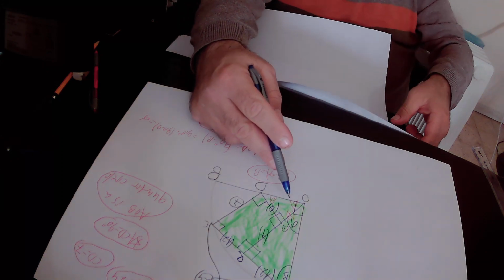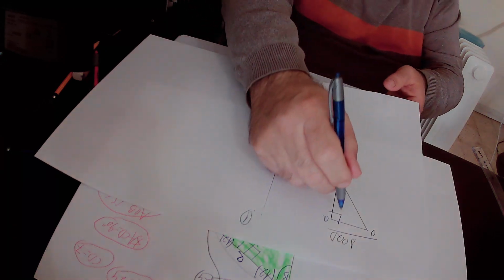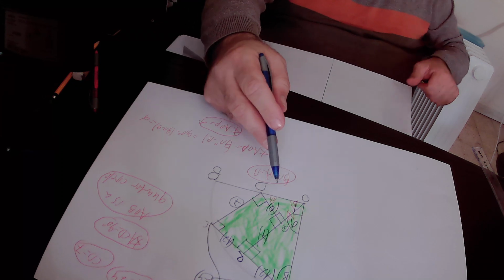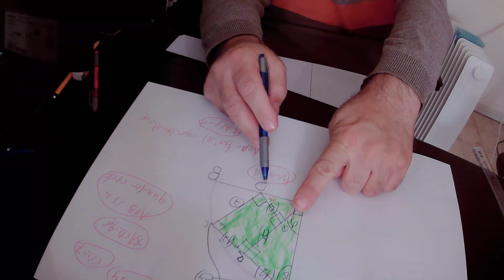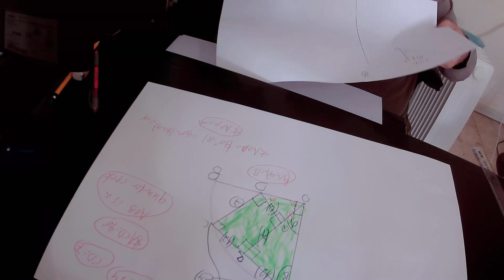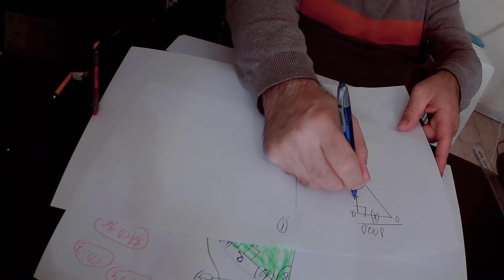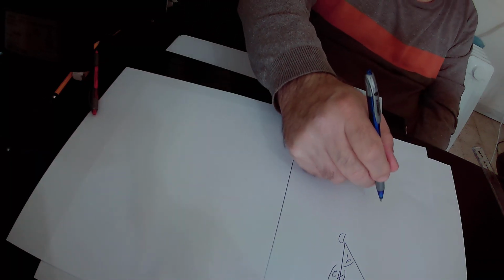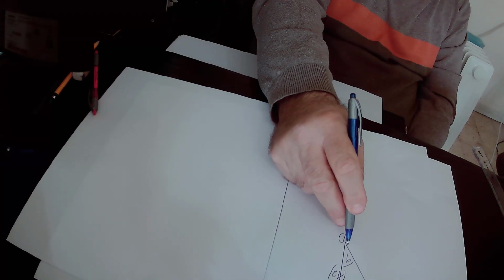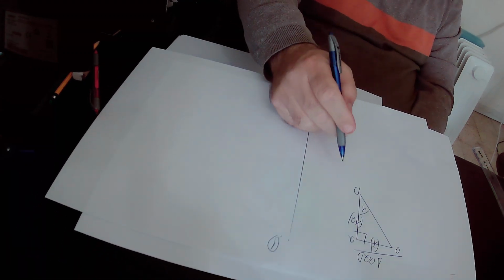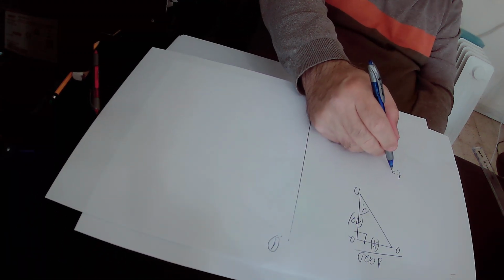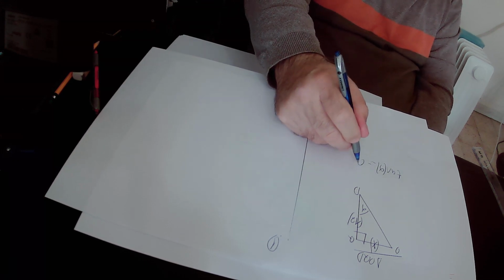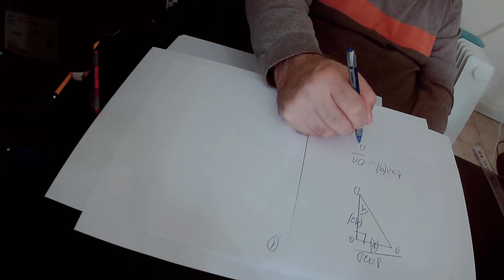OQ equals x according to our definition. QD equals 12. So in this right triangle OQD, we'll get tangent alpha. This angle equals alpha. Therefore tangent alpha will be equal to OQ over QD.